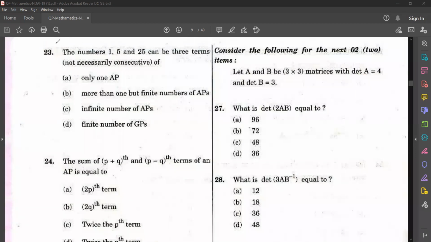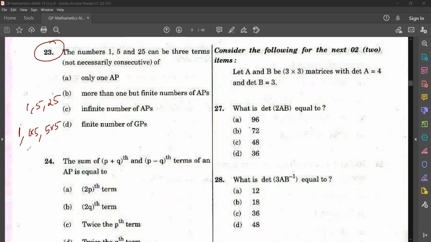Comment it. What is the answer? 1, 5, 25. So 1 we have, then 1 into 5 we have, then 5 into 5 we have.